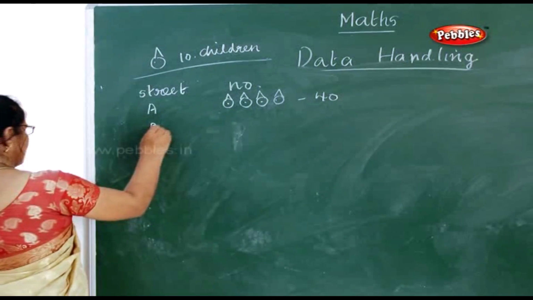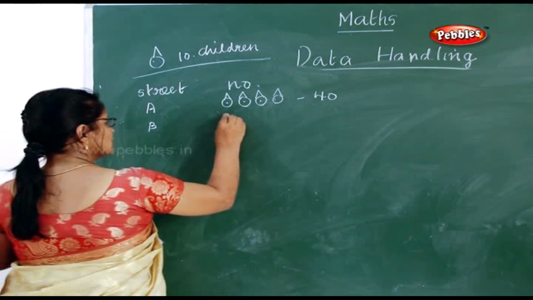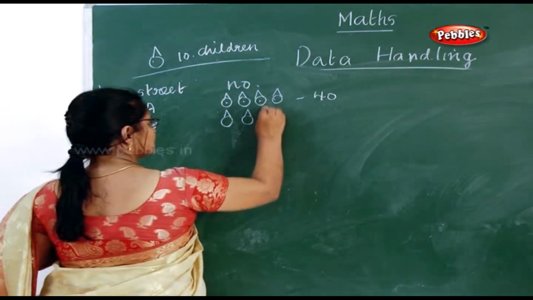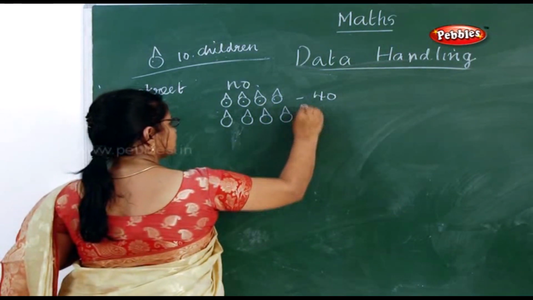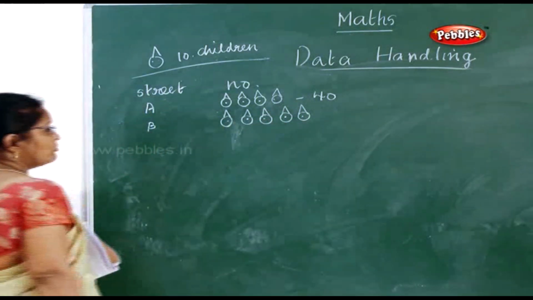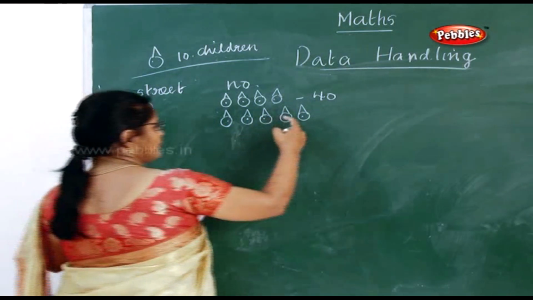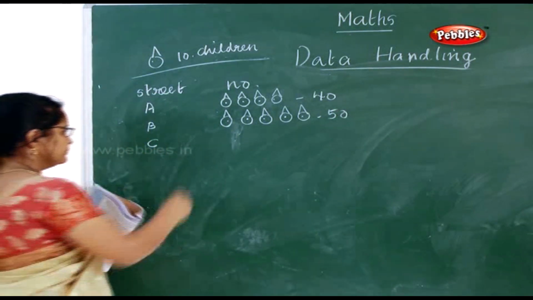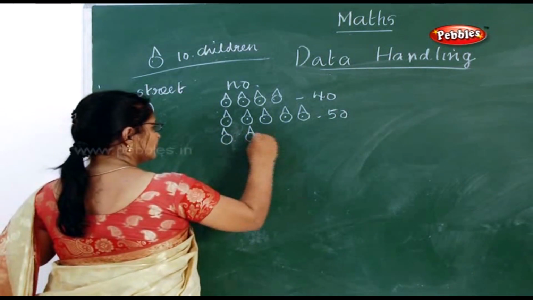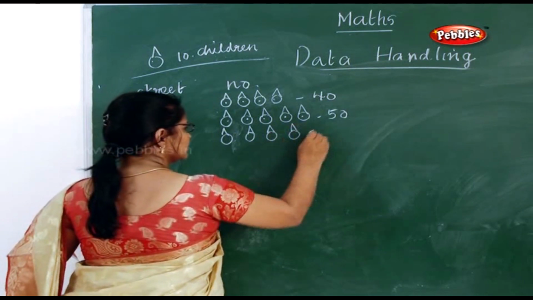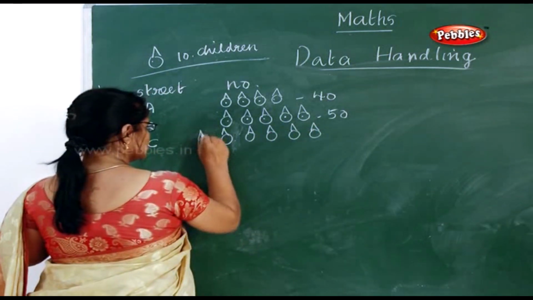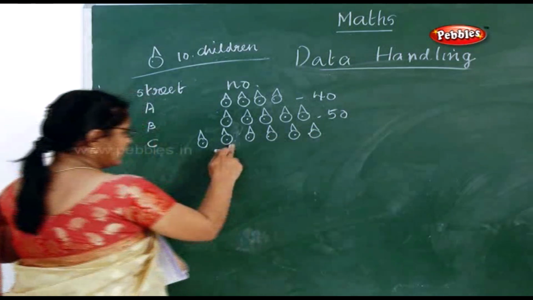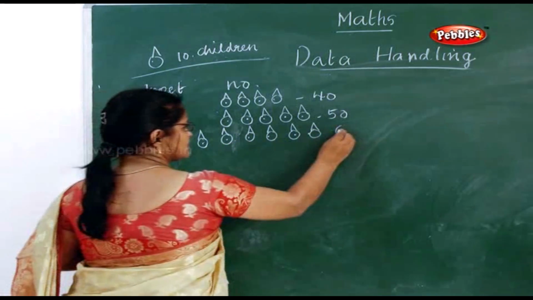Now, what is street B? How many were there? 10, 20, 30, 40, 50. Now, street C. 10, 20, 30, 40, 50, 60.